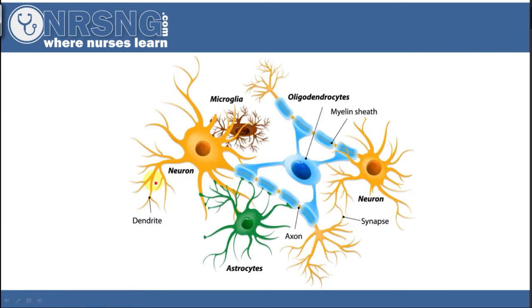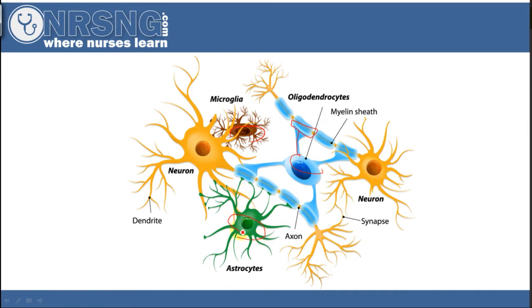And here's a little picture of the different types. Here's our microglia, which play that role in phagocytosis. Then we have our oligodendrocytes, which play a role in the formation of the myelin sheath. As you can see here, they provide support for the myelin sheath.